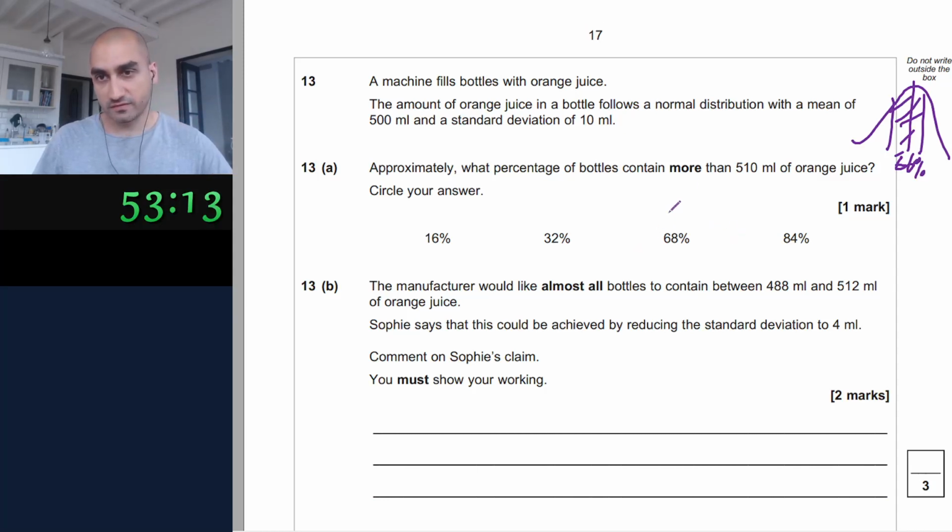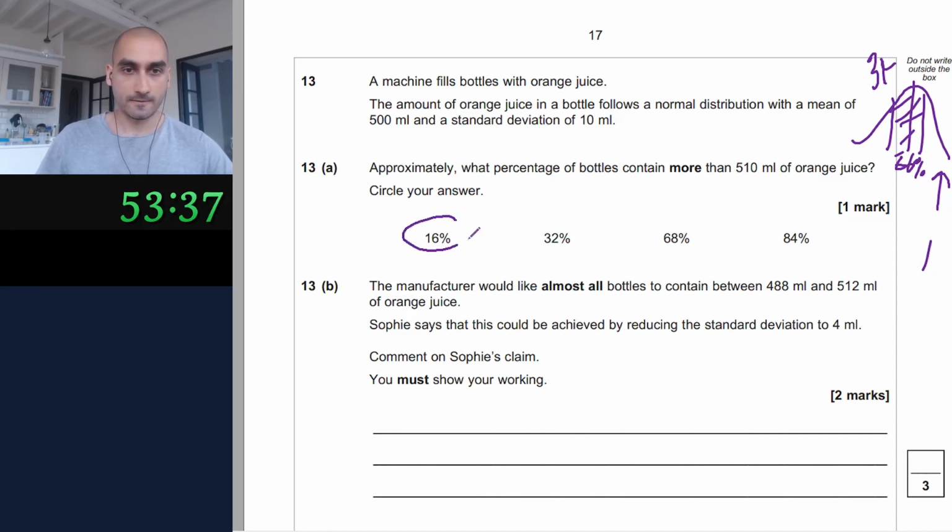So that would leave 34 outside. But then you need to halve that because they're looking for the upper tail. So about 17. I'll just go with 16%. I don't know if that 66% is right, but that feels right.